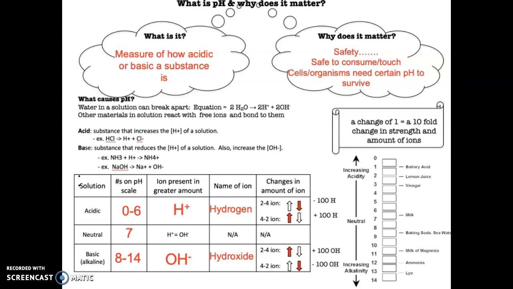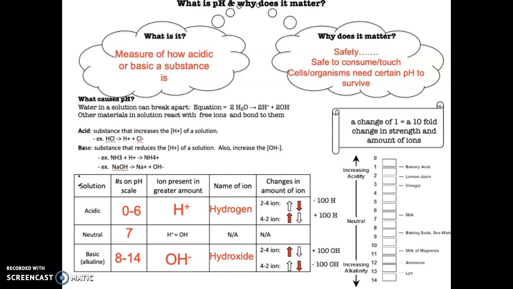A base is anything at the upper end of the pH scale, anything from 8 to 14. This means there's a ton of water pieces that are OHs, or hydroxides. Now this is an ion that is an anion because there is a negative symbol. This means there are more electrons in this ion than protons.